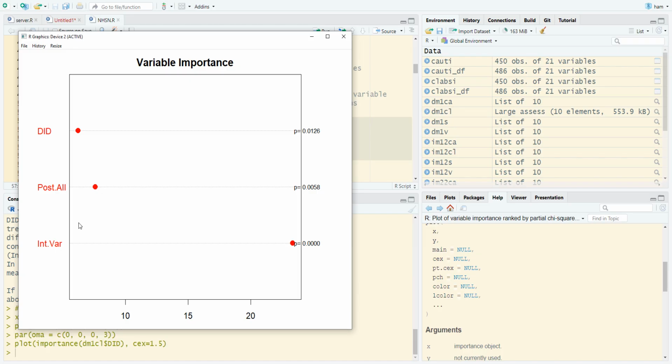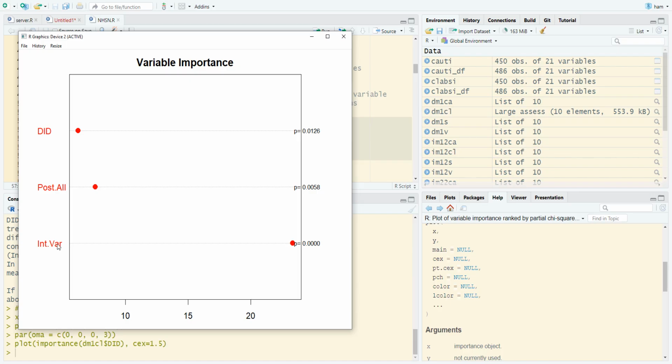All three of these are red, so that would indicate that these are statistically significant variables at the 0.05 level. We have our p-values on the right side. All three of these are significant, but when you look at which single variable or coefficient had the biggest impact in what our predicted scores would look like, it would be our intervention variable.